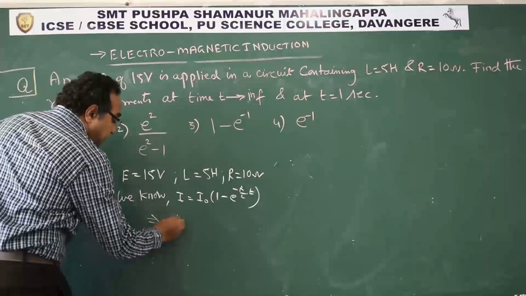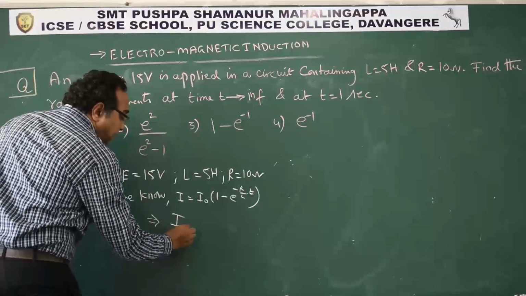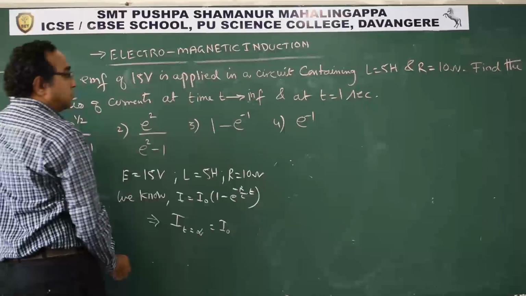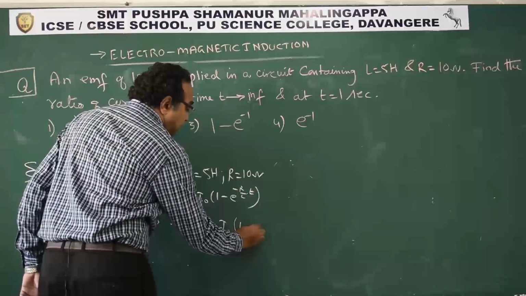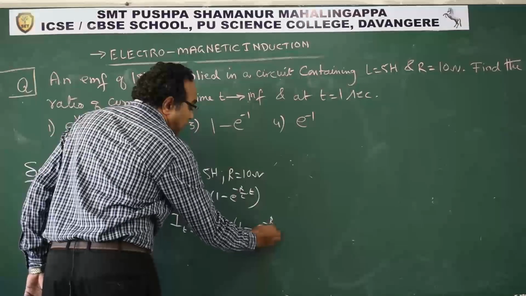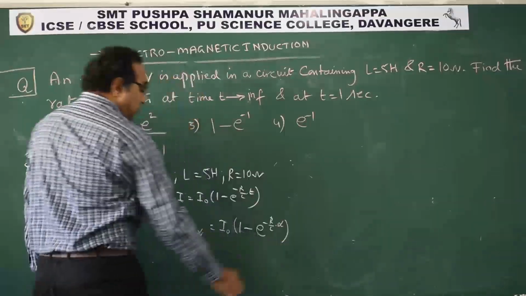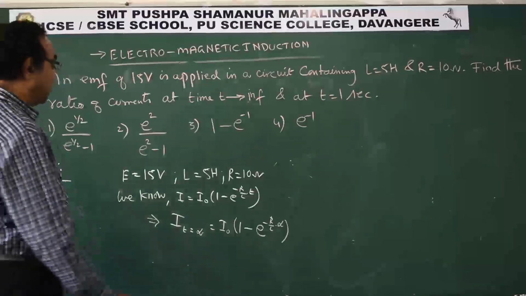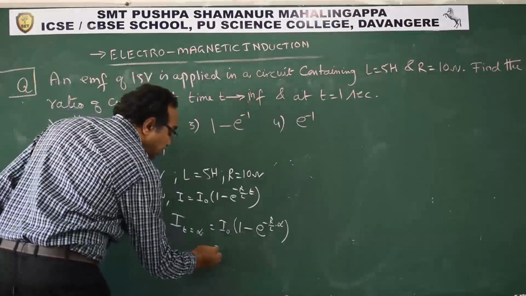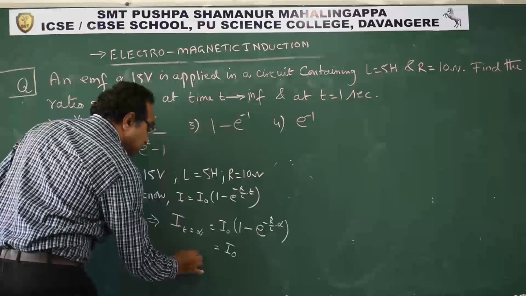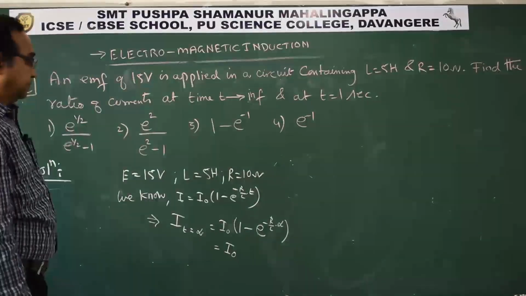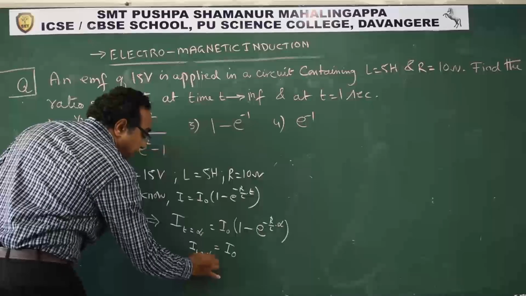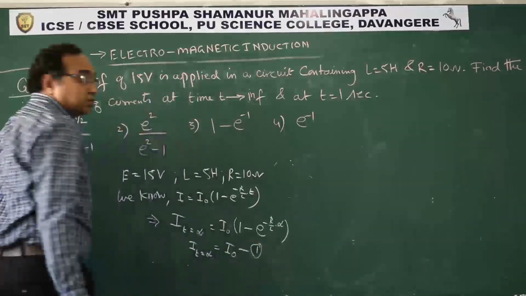So, current at infinity is I naught into 1 minus e raised to minus R by L into infinity. How much will that be? So this we get as I naught. So first one, I when t is infinity is I naught.